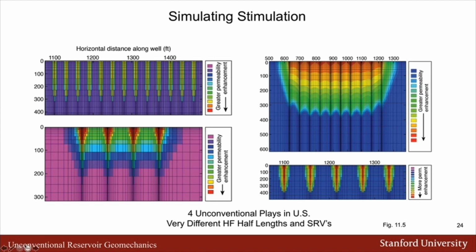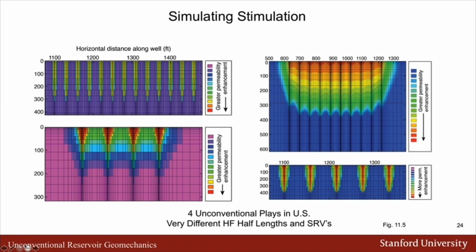So what you're looking at is a hydraulic fracture propagating from a perforation cluster in each one, and you're looking at the zone of enhanced permeability and how enhanced that permeability was to model the data.